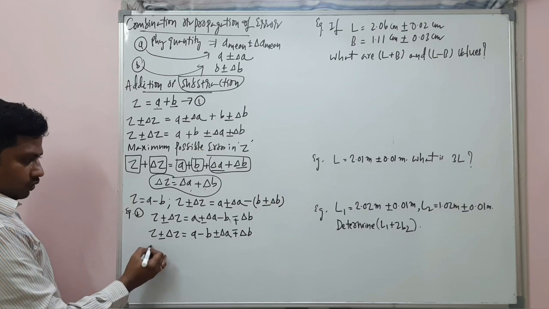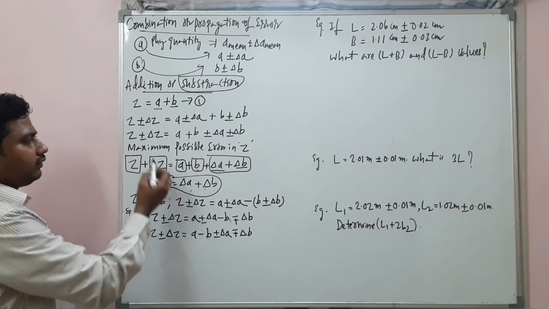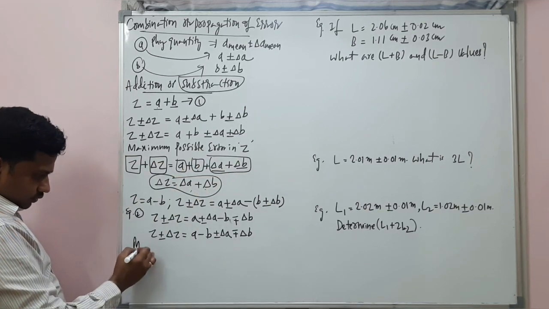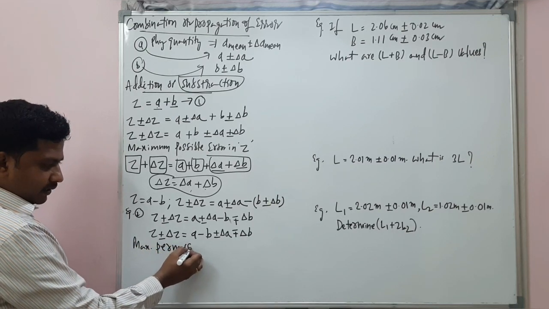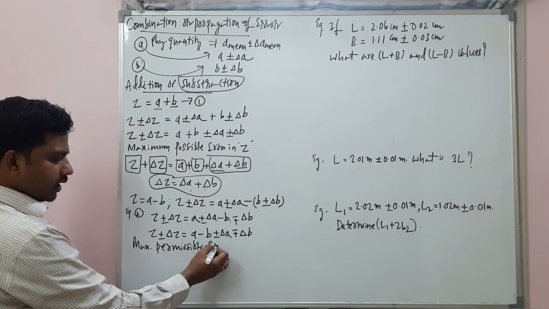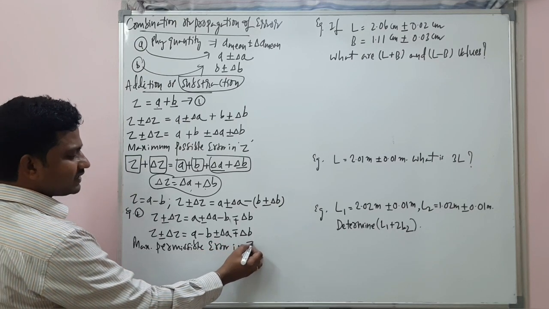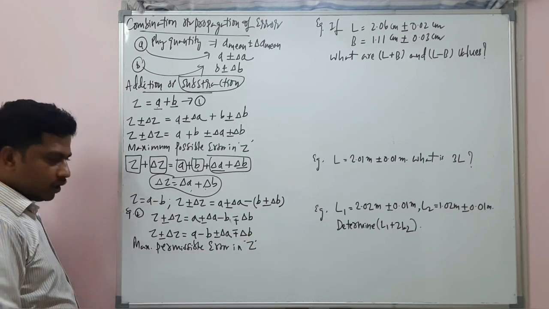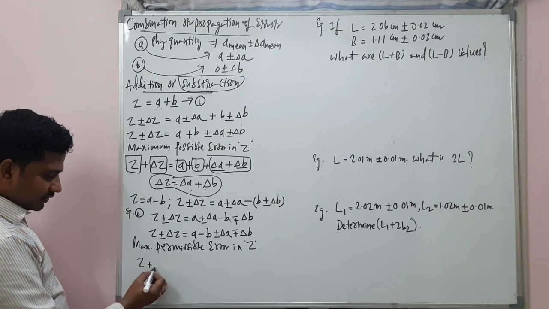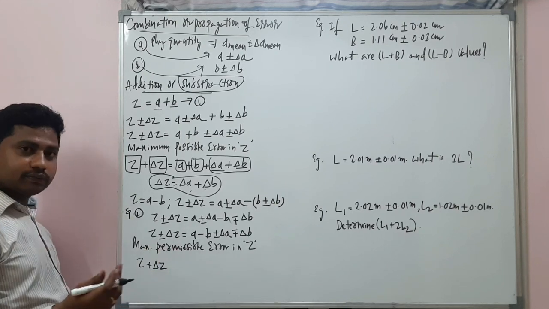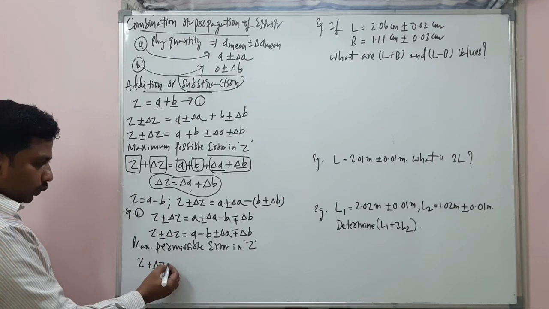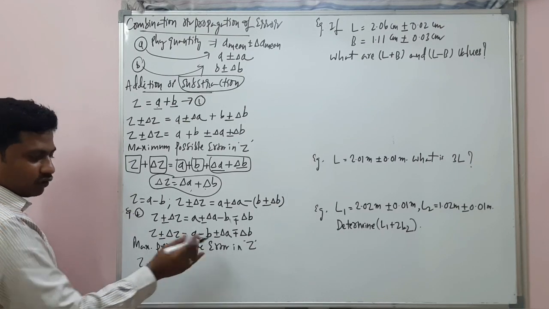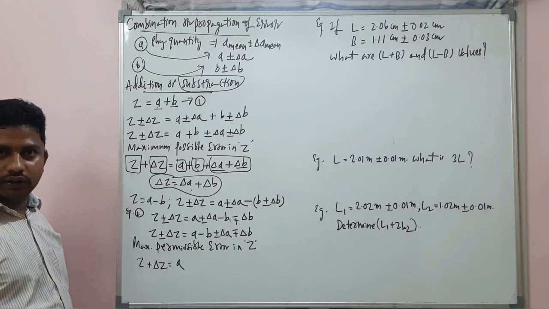Now, once again, what we need is the maximum permissible error in Z. So then Z plus delta Z, because negative we don't want, we need the maximum error possible in Z, which is equal to A. This minus you cannot do anything with.